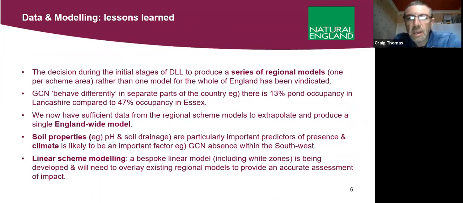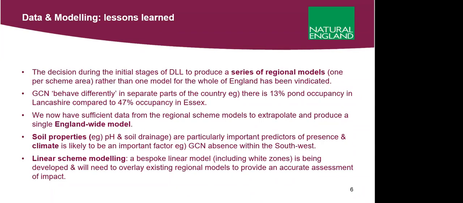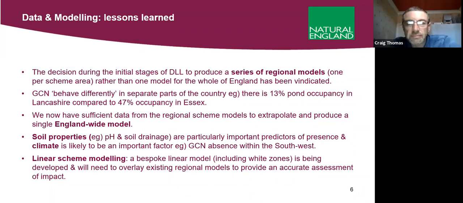When we started, we were looking at producing a series of regional models, as I've just described, 1 per scheme area. But we did look initially at whether we needed a whole single model for England. We decided to look at the series of regional models, and that's definitely been vindicated. One of the key lessons learned is how different GCN behave in different parts of the country.